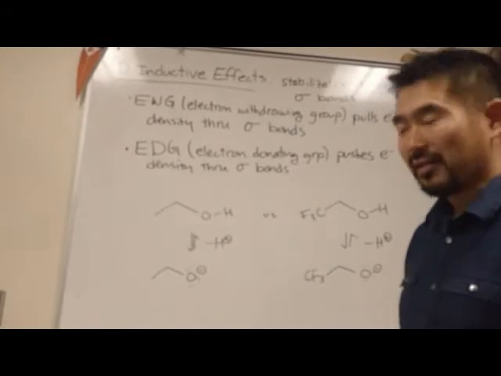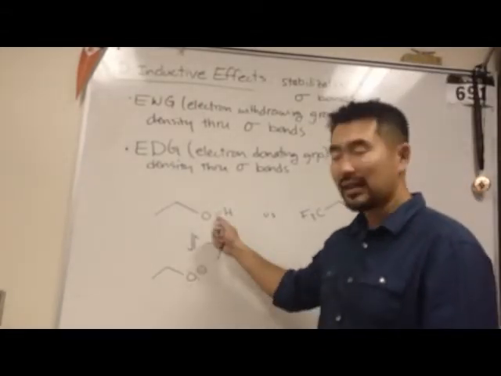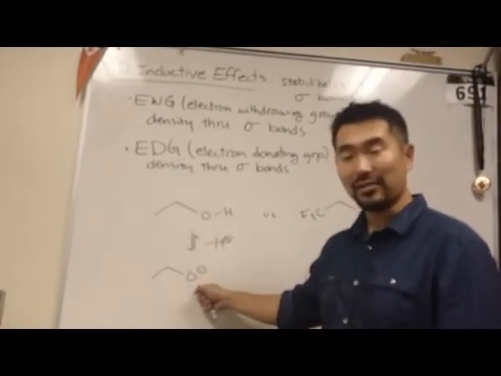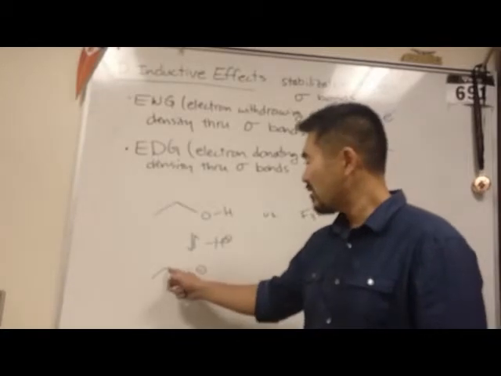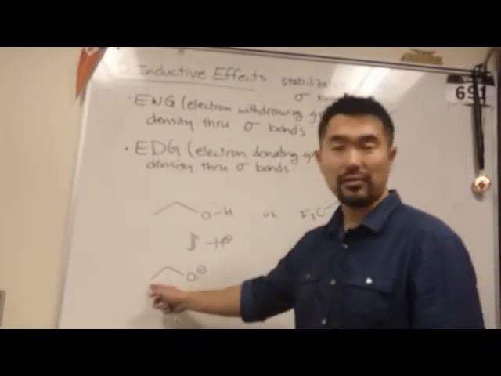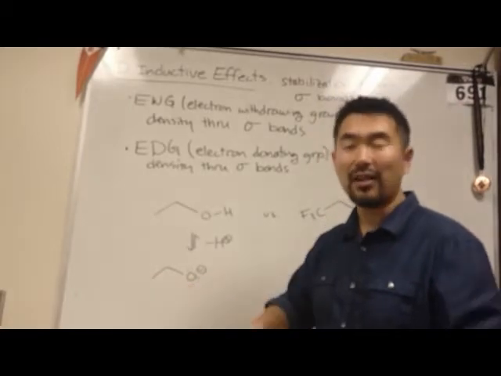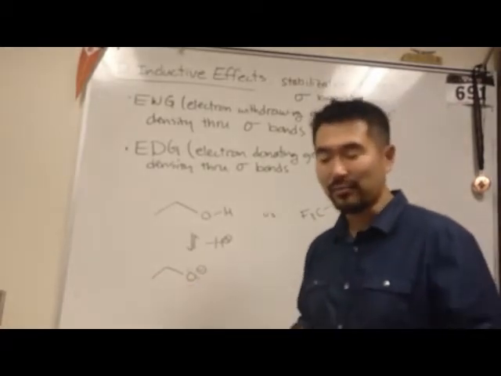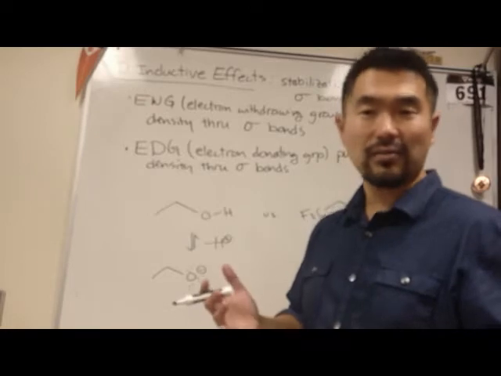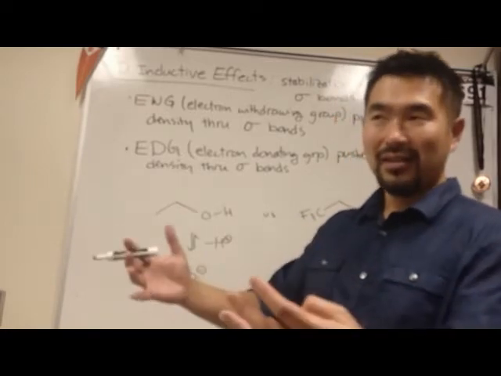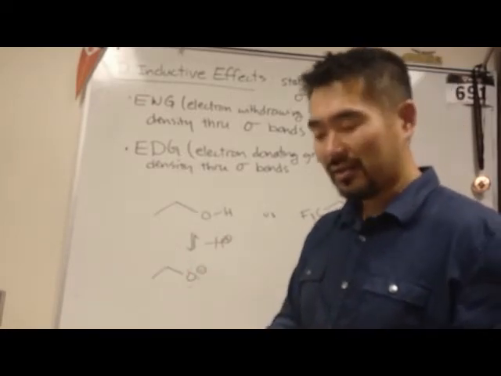But what's the difference? In the alkoxide ion from ethanol, which is actually called ethoxide ion, there's no electron withdrawing group. Rather, these are sort of electron donating groups because carbons and hydrogens are somewhat electron rich and not very electronegative. They're sort of giving as far as electron density goes.